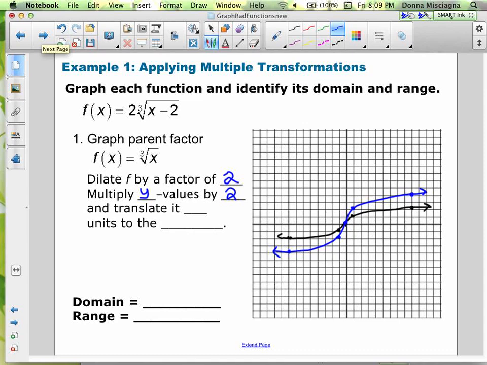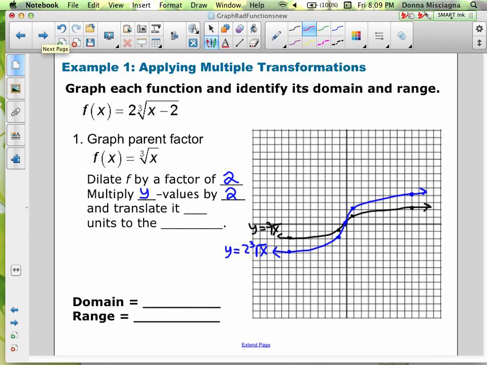Right, so the blue graph is y equals 2 times the cube root of x. Here we're going to have 3 graphs. We have our original parent function, y equals the cube root of x. We just multiplied the y values by 2. That gave us y equals 2 times the cube root of x. And now we're just moving the graph. We have x minus 2.